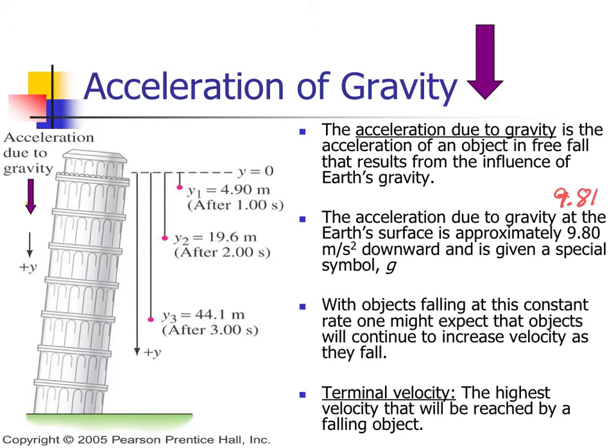Now, at some point, an object will reach what's called its terminal velocity. That terminal velocity is the fastest that the object will ever go.